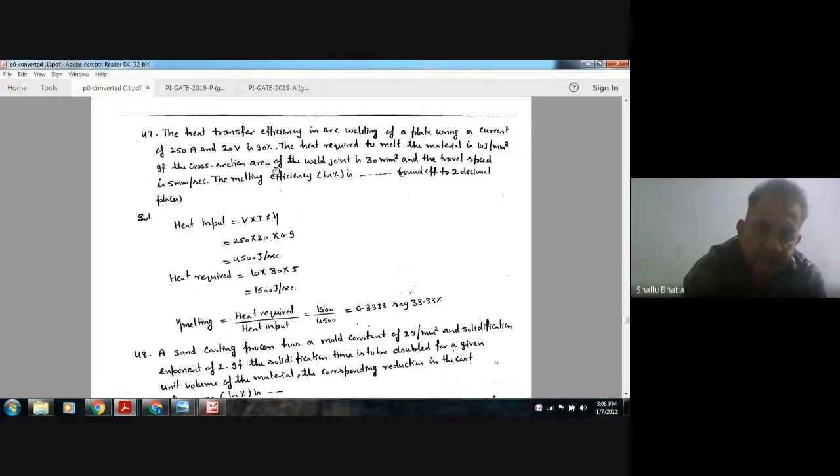But the heat required is 10 joule per mm cube. The area is 30 and the speed is 5. So the heat required is 10 into 30 into 5. Okay, so this is heat required, 1500 joule per second.